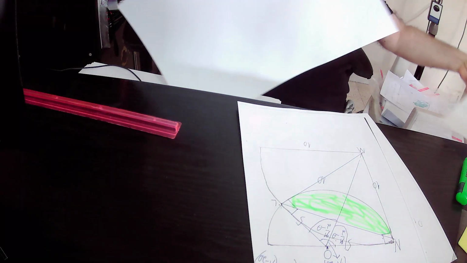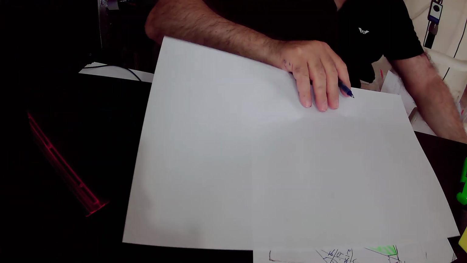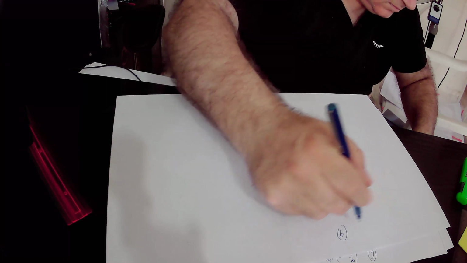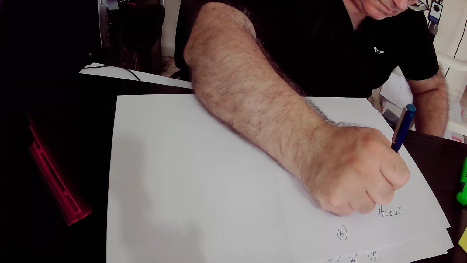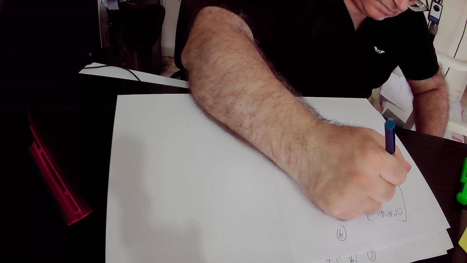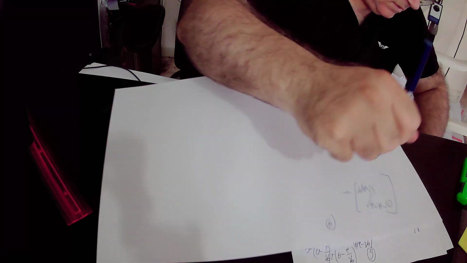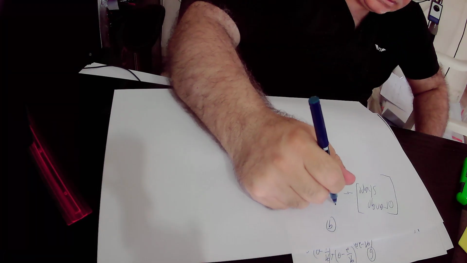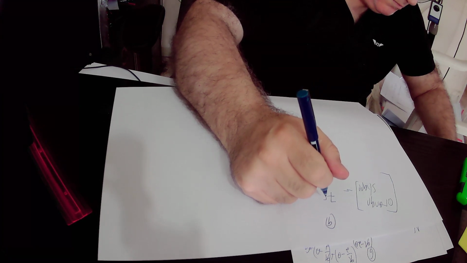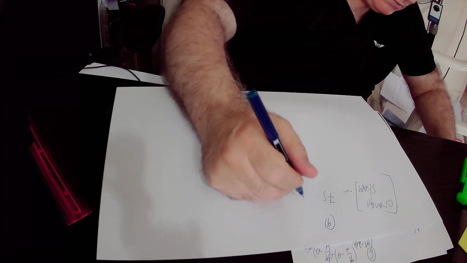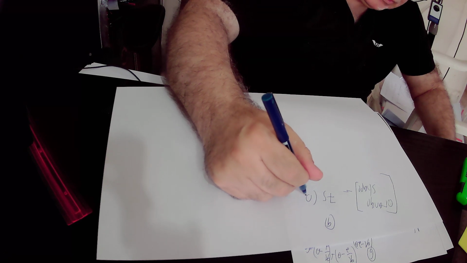So the area of the orange shape equals 75 times tangent minus 1 of 0.5, and tangent minus 1 of 0.5 equals 0.46.